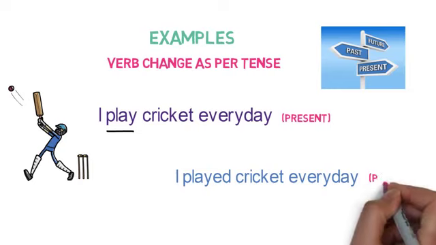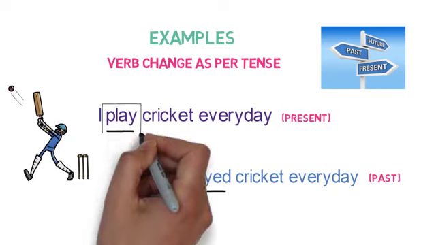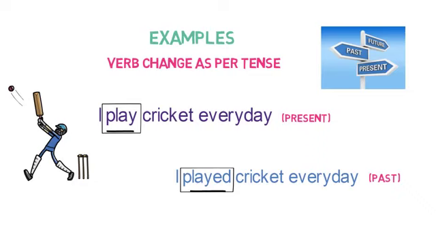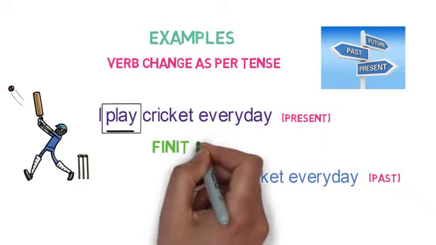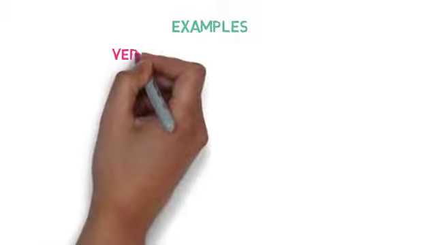This sentence is in past tense. Here the verb is played. You can see here that the verb play changed to played as per the tense. So both play and played are finite verbs.